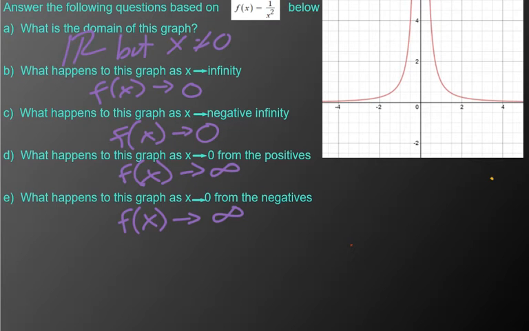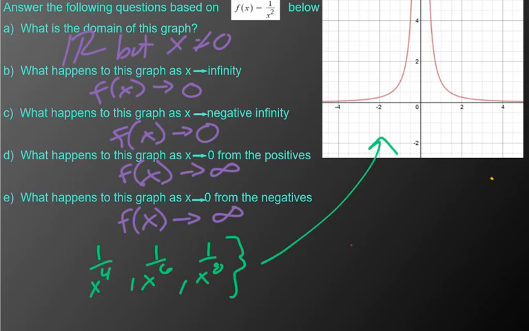So these become our two building blocks for graphing rational functions. The same way that we know even polynomials end in the same direction, even rational functions, anything that looks like 1 over x to the 4th, 1 over x to the 6th, 1 over x to the 8th, all of these look like that one.